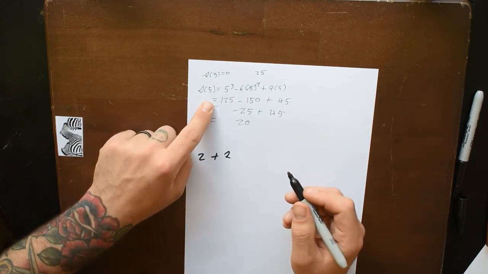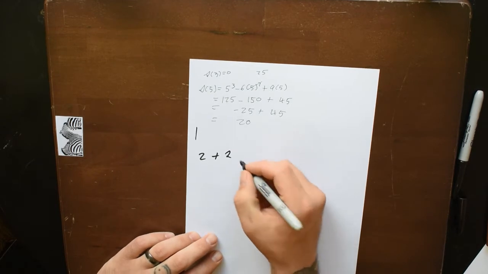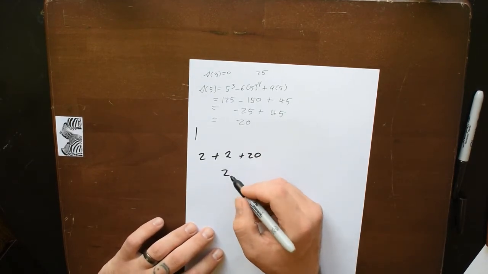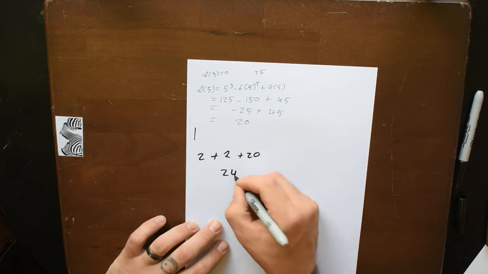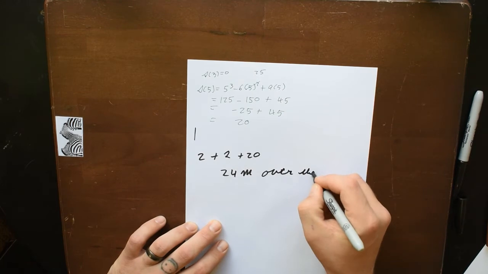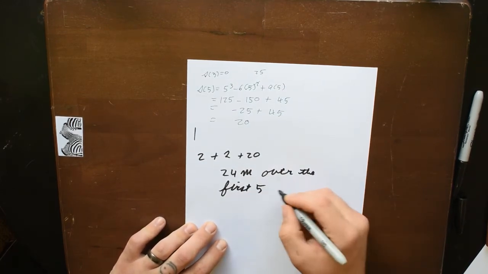And then in the last 2 seconds from S3 to S5, it went a total of 20 meters. So in total, the particle traveled 24 meters over the first 5 seconds.